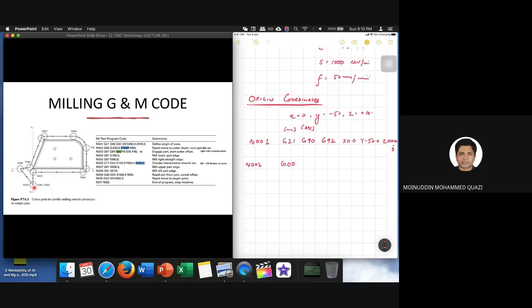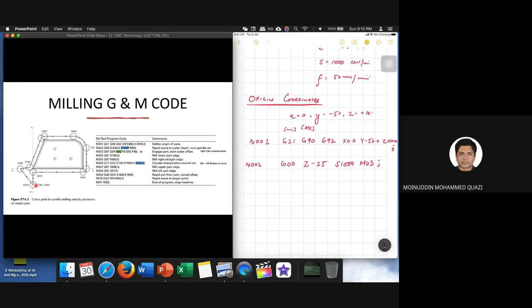I will mention G00 Z-25. Now I want to start the spindle, so I will specify the spindle speed 1000, and start the spindle M03 in clockwise direction. And the sentence ends. So now in N02, I am still away from the workpiece.